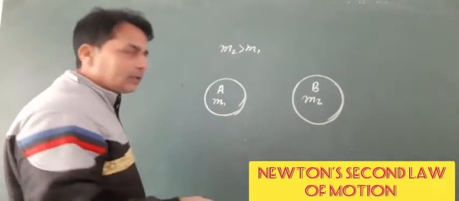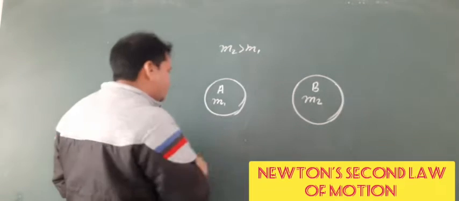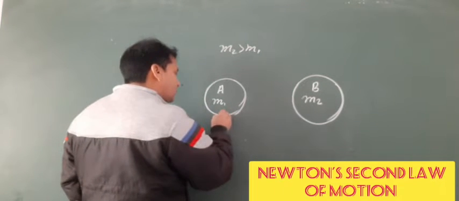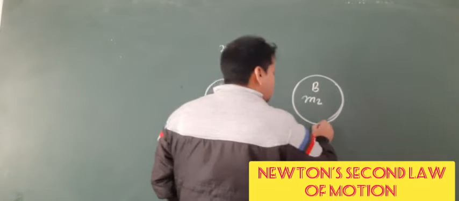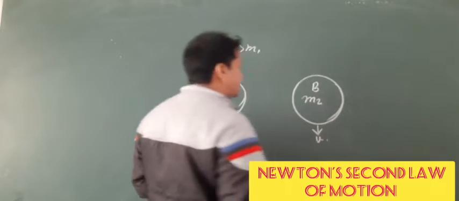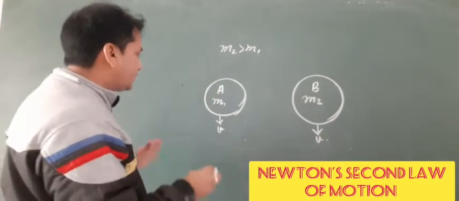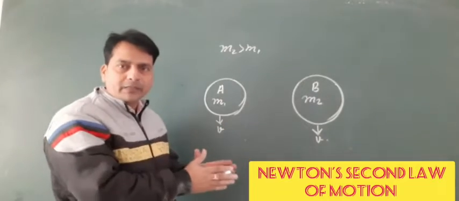And suppose they are moving with the same velocity. The velocity of object A is v and the velocity of object B is also v. So it is the same velocity with different masses.